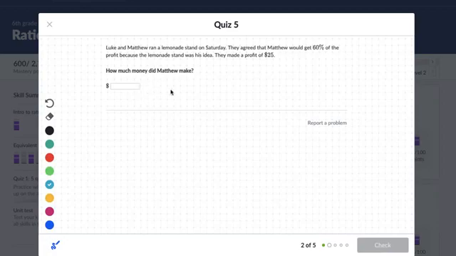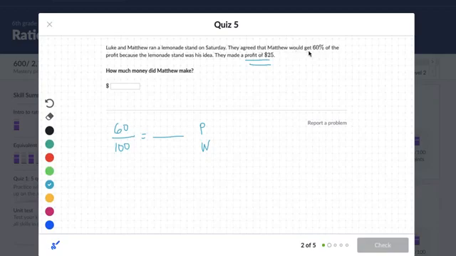So what you could do is make your proportion. Remember, your proportion is two equivalent ratios. We've got the percent, the part. It's always going to be out of 100. 60% is 60 out of 100. Now we have to figure out the profit of $25. Is that the part or is that the whole? So let's read this again.